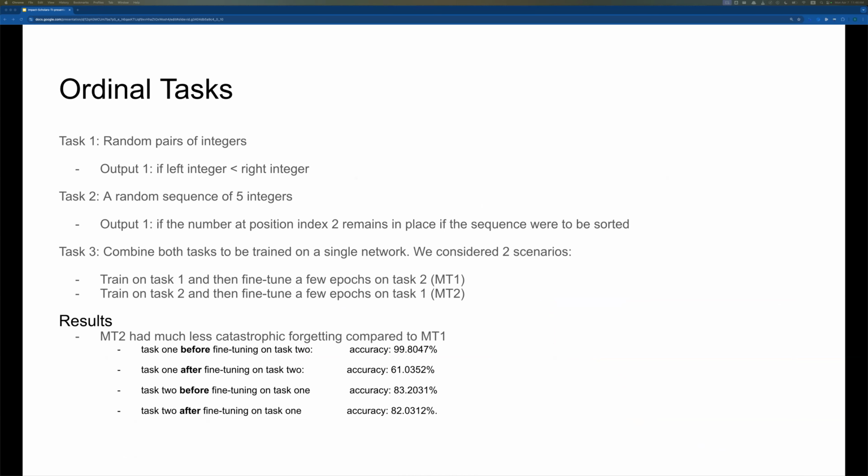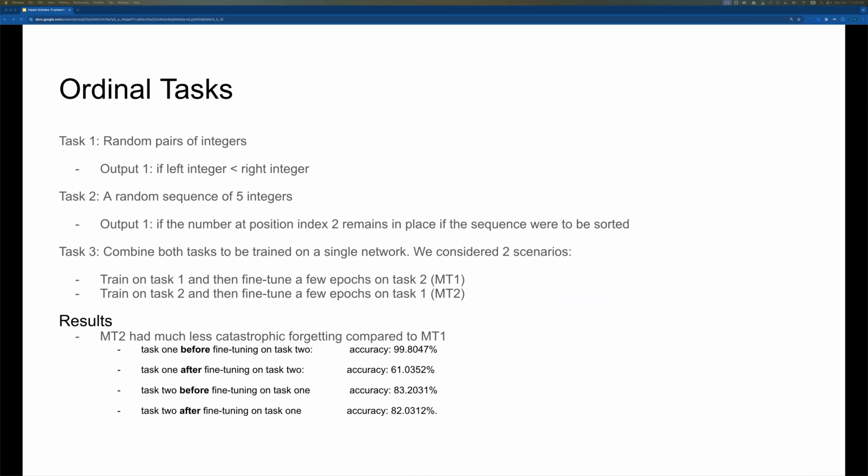We also had another set of tasks, which I'll call the ordinal tasks. Task 1 is really similar to TI, but instead we're using random pairs of integers. Task 2 is a little bit more complex. Now the network sees a sequence of 5 integers, and it needs to output 1 if the number at position 2 remains in place if the sequence were to be sorted.